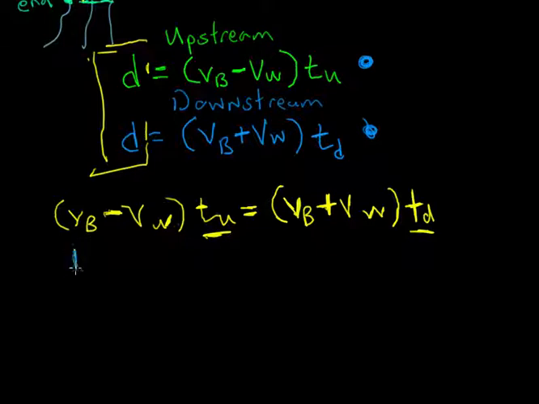So we get 16 miles per hour minus the velocity of the water, which is what we're trying to find, all times 20 minutes. But we have miles per hour as our speed of the boat. So we need to get our units to work together.